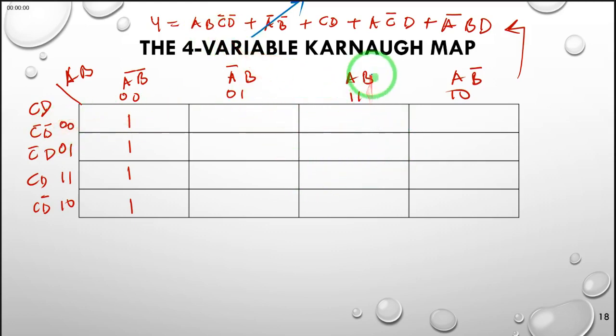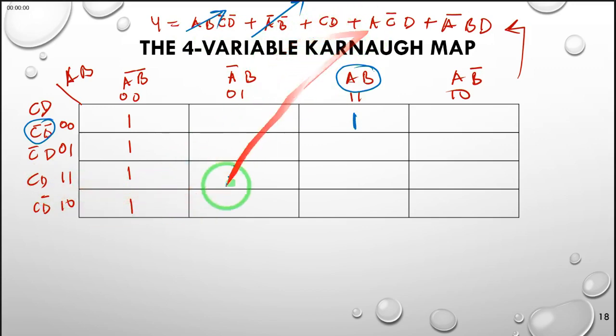Where these two intersect, we have this and we have this. Where they intersect, in the first row, that column, you fill a 1 there. That one I have filled. Then you have C D without any bar. It has no other variable. That means the entirety of this row is going to be equivalent to 1. And that one I mark as filled.